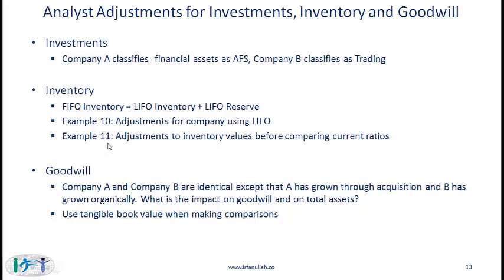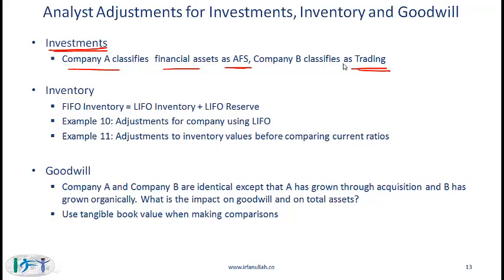Coming now to some specific adjustments. A lot of what you will see here is a recap of material that has been seen earlier. Adjustments related to investments. Let's say that company A classifies financial assets as available for sale and company B classifies similar financial assets as trading or held for trading.